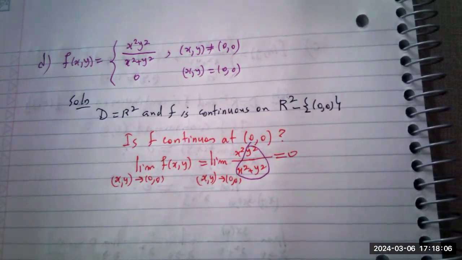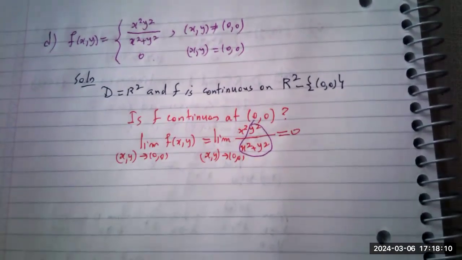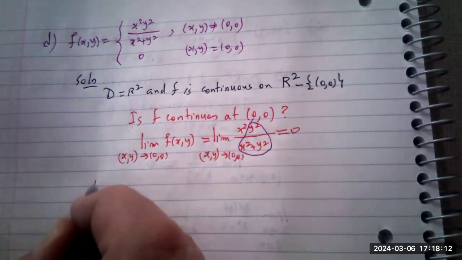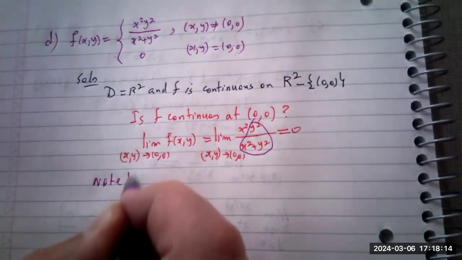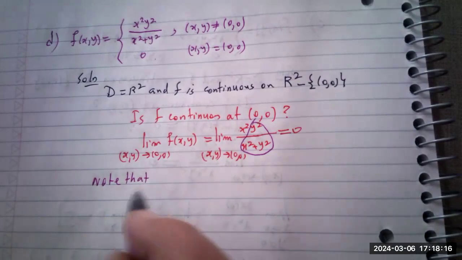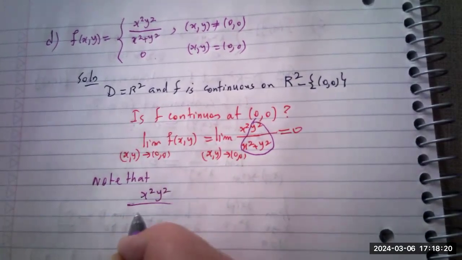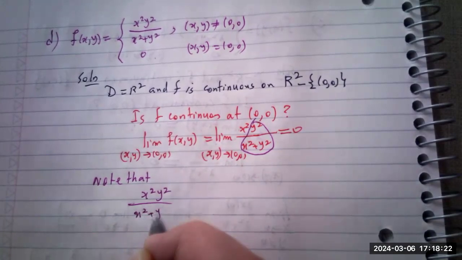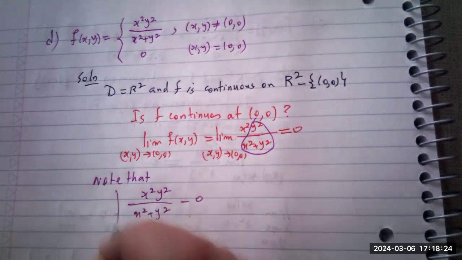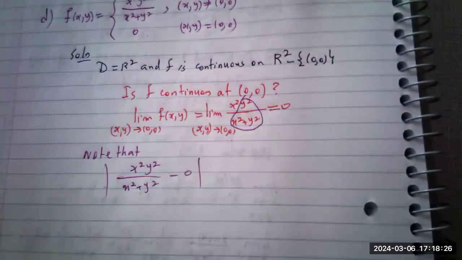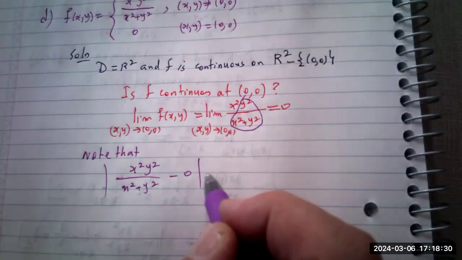But you know, you have to write it down. But in future, we accept it. Note that x squared y squared over x squared plus y squared minus 0. Remember, you have to estimate. You drop the 0, everything is positive, you don't need the absolute value.